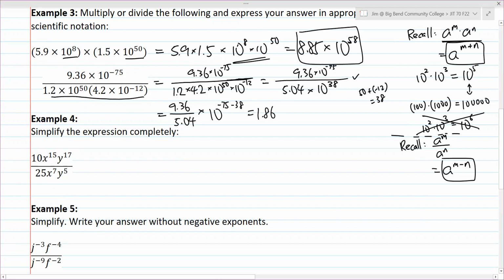Well, if you want to plug everything into the scientific calculator, if you're able to, then that's fine. But I still have to teach you how the rules work. So negative 75 minus 38 equals negative 113. So that is the final answer.